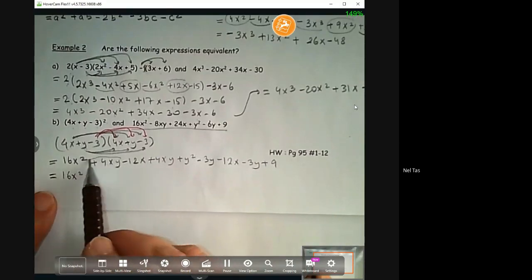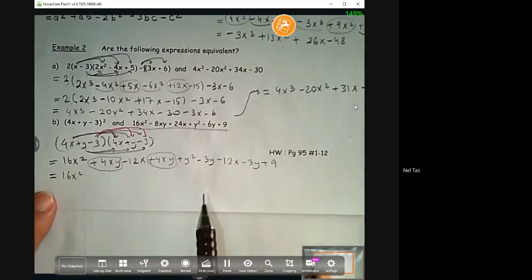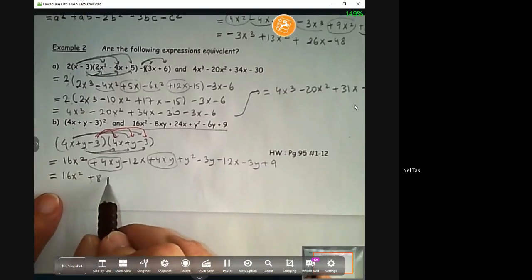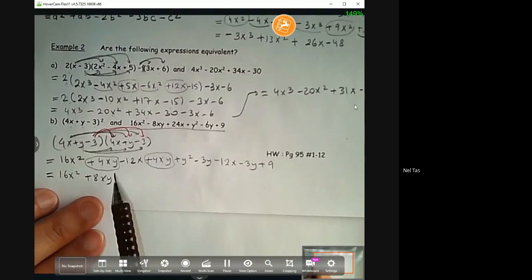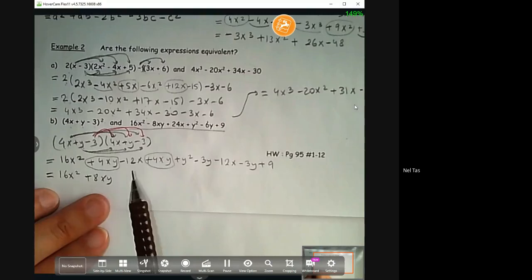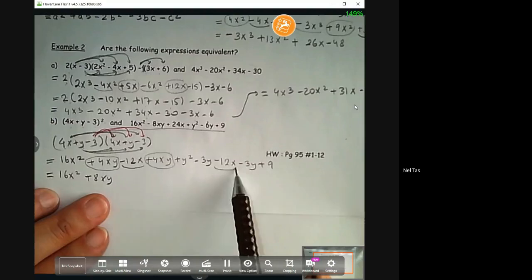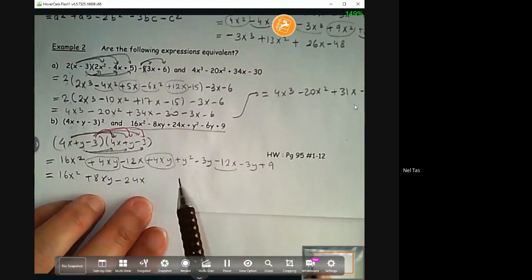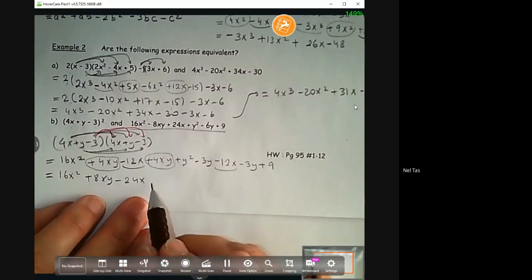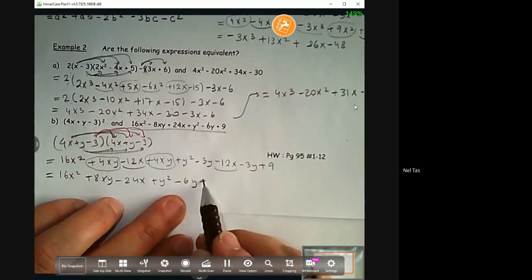So we have 4xy, another 4xy. So 8xy. Okay. What else? We have negative 12x, negative 12x, negative 24x. We have y squared. We have negative 6y plus 9.